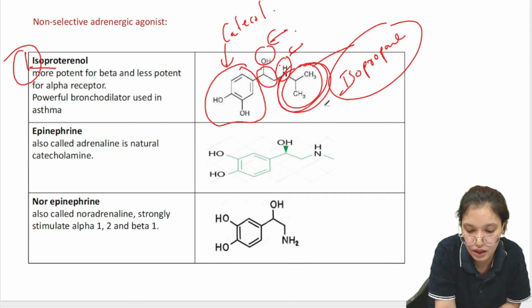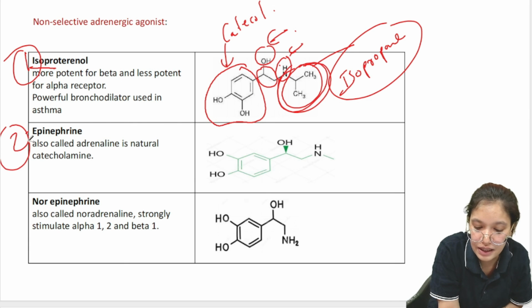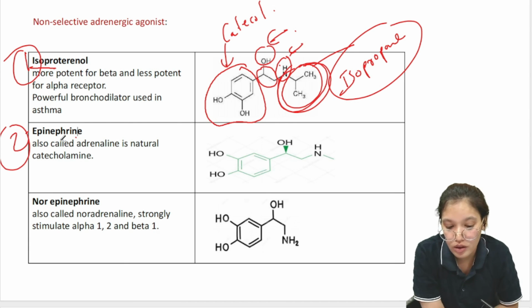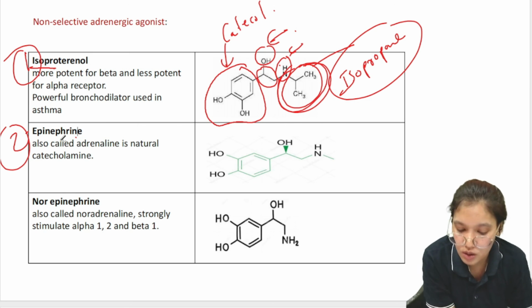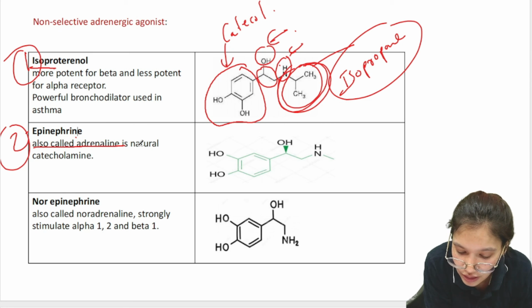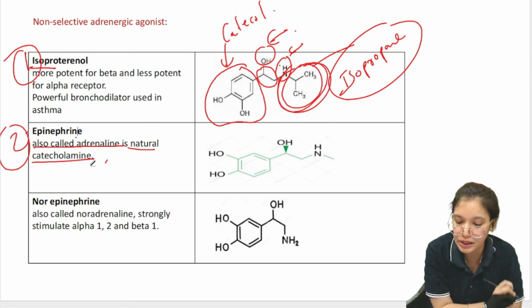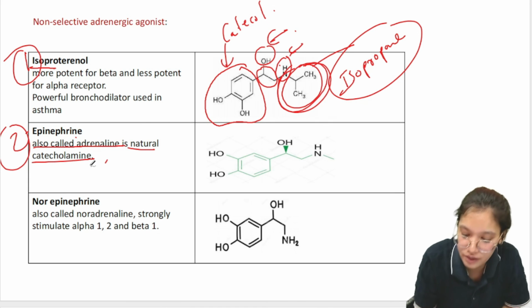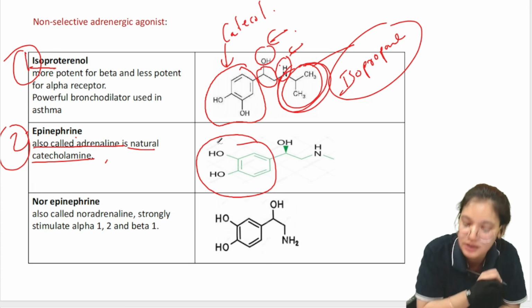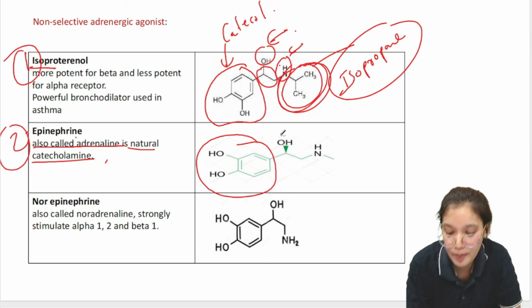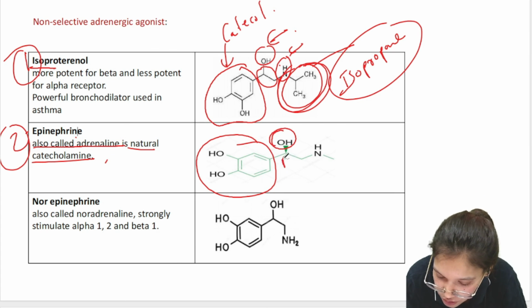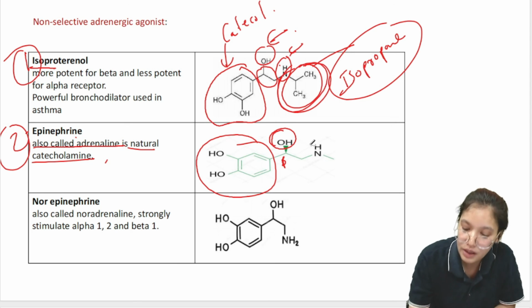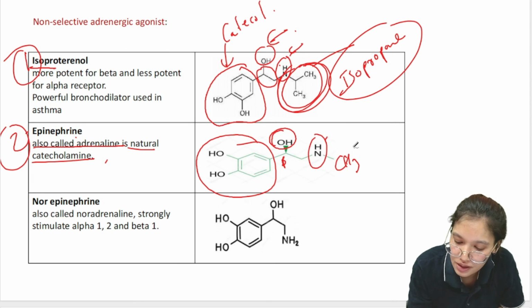Now second is epinephrine. Epinephrine is also called adrenaline, and it is a natural catecholamine. The structure of this we have already discussed, but we can discuss it again. Here this is the catechol ring. At the beta position we have a hydroxy group, NH here, and a CH3 here.